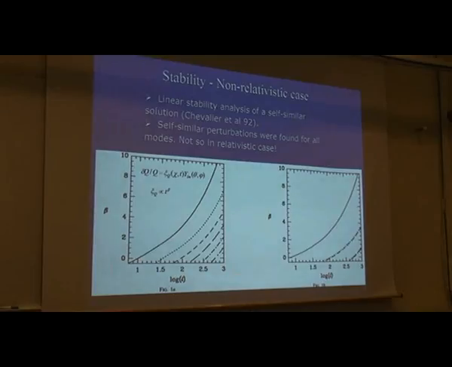At the point where the wavelength is short enough so that the sound crossing time across the perturbation is short enough, then you get oscillations, because on the time scale that the perturbation grows, there's sufficient time for sound waves to cross between, let's say, the maximum and minimum perturbation regions.